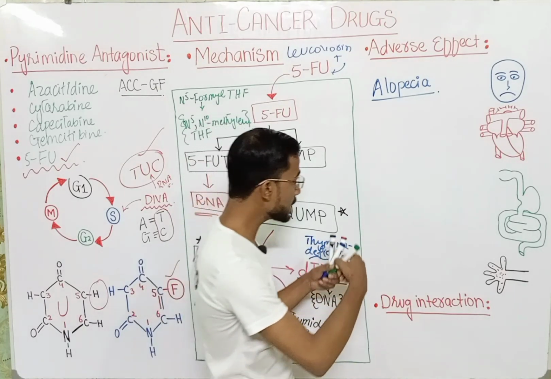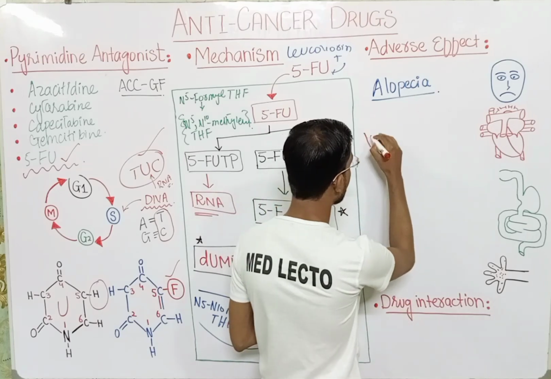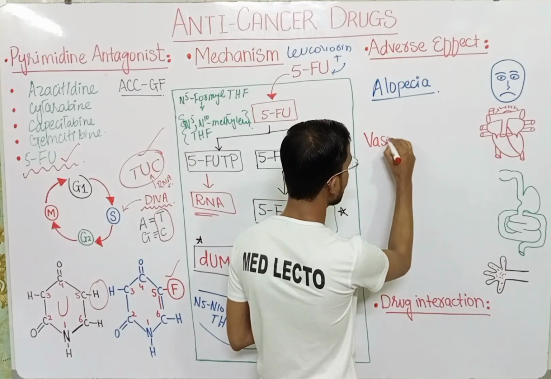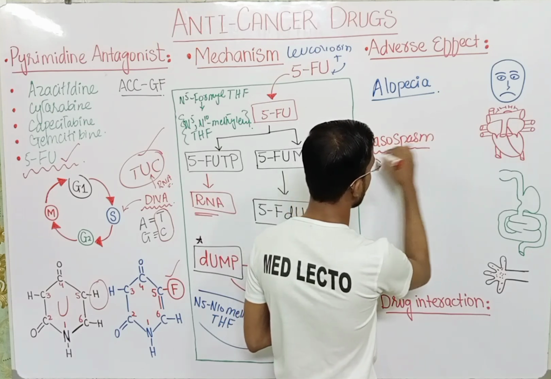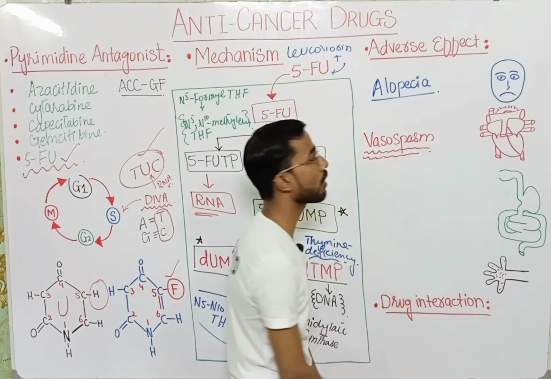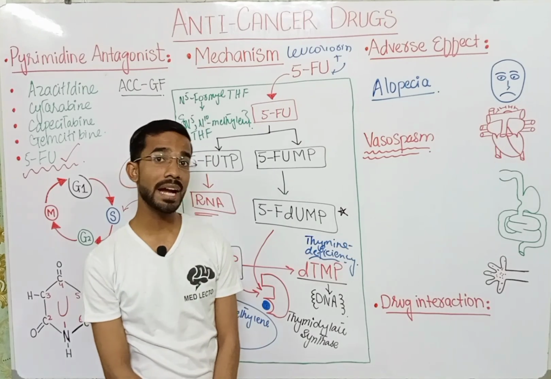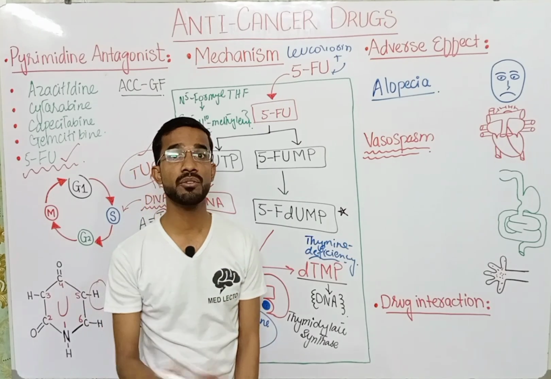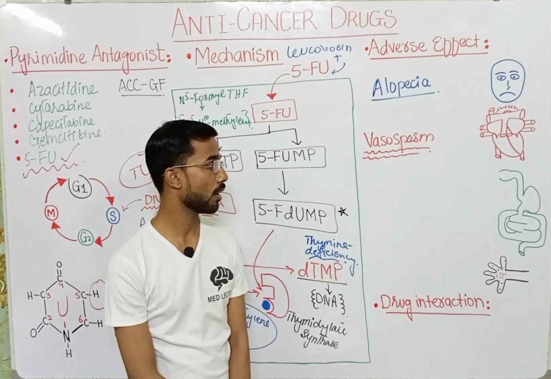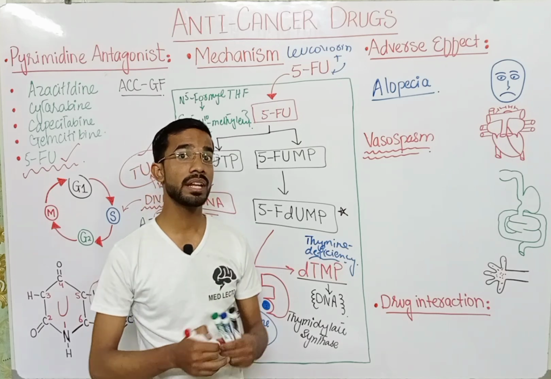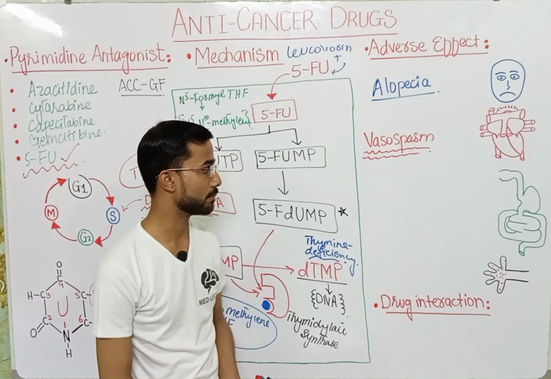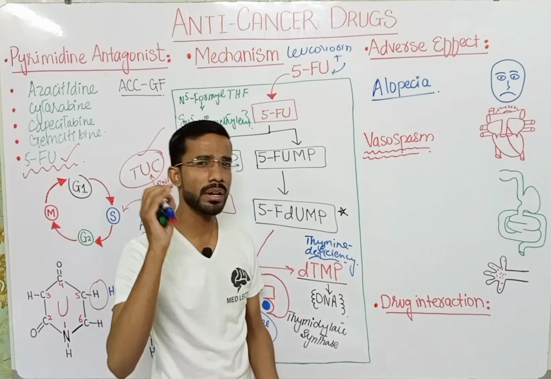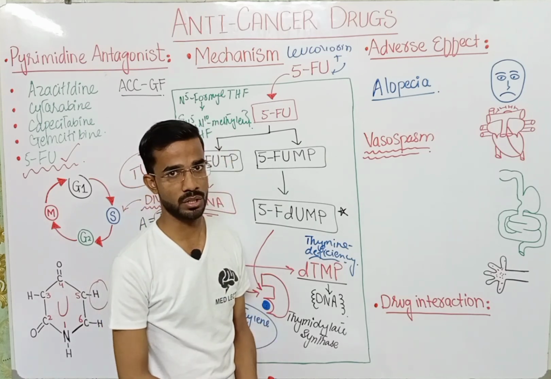Why? In this case, you see the coronary vasospasm, contractions of the coronary artery, and that ultimately leads to different adverse effects. Okay, if it becomes severe, then it can go to heart failure as well. Okay, but it is a very rare situation in this case.